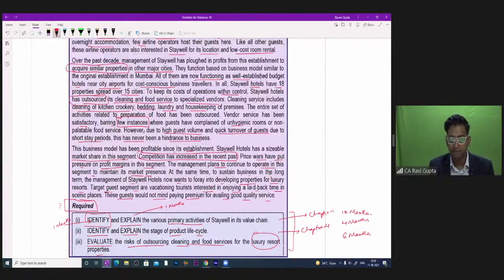So here you can see that they want to maintain their market presence and market share. So this belongs to the maturity stage.